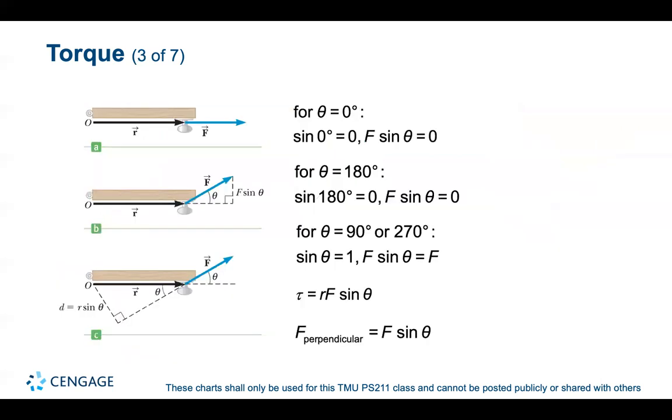So in this figure, in A, a force F acting at an angle theta equals 0 exerts 0 torque about the pivot O. In B, the part of the force perpendicular to the door, F sine theta, exerts torque F sine theta about O. And in C, an alternative interpretation of torque is given in terms of a lever arm of d equals r sine theta.